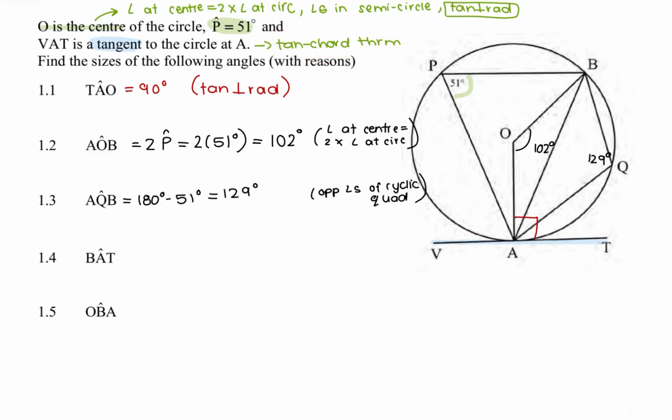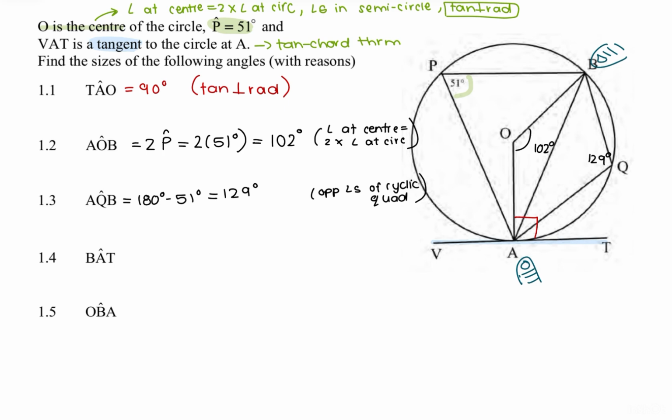Now, if you're someone who struggles with tan chord theorem, what I would like you to do is place your fingers. You're going to place your finger on this end, and you're going to place your finger on the other end of the chord. Where your 2 fingers meet up, that is the angle that is equal to it.